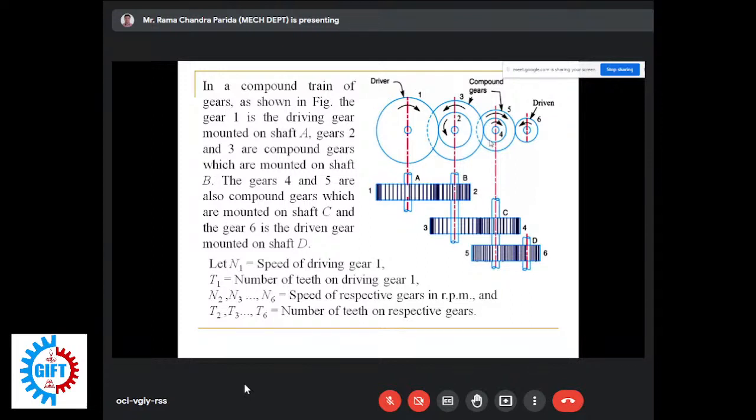So the speed of the driver gear is given, and the number of teeth on each gear. Each gear means your gear 1, 2, 3, 4, 5, 6 is given: 75, 30, 60, 25, 40, and 20 respectively. So the question is to find the speed of the output shaft gear, that is your driven gear, gear 6. You can calculate or not?